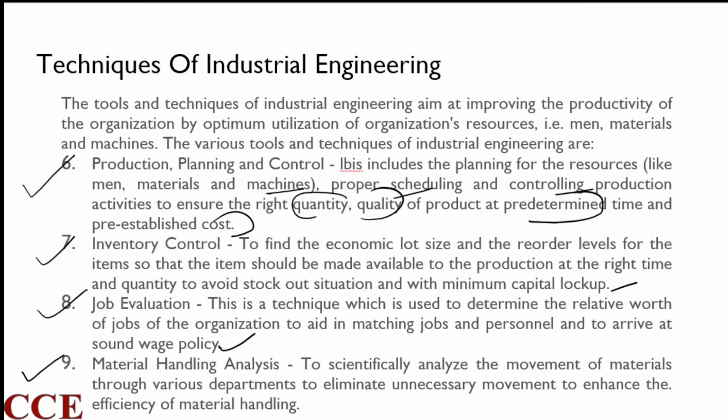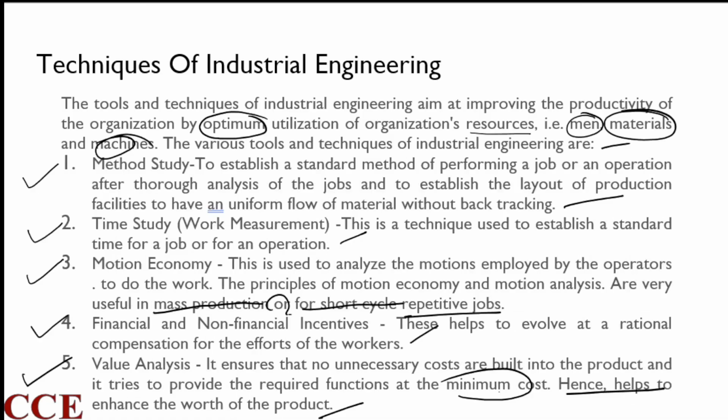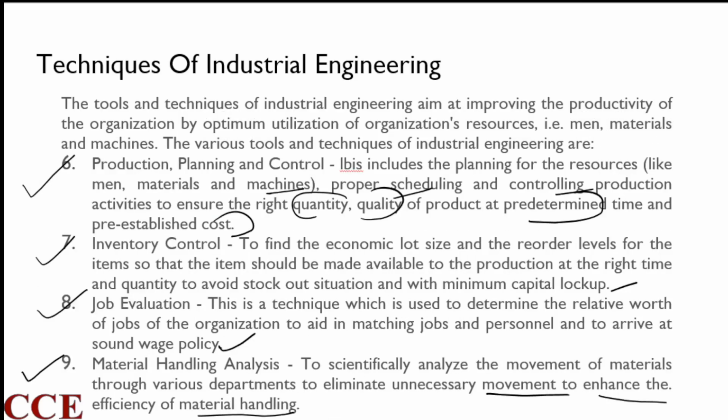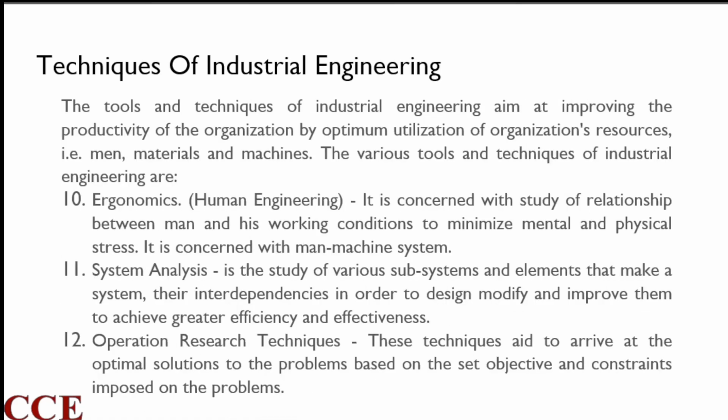It scientifically analyzes the movement of the material through various departments to eliminate unnecessary movement and enhance the efficiency of material handling. Now, these are the techniques that were developed over a period of time in industrial engineering. In the coming sessions of the lectures, we will try to understand each of them with certain examples.